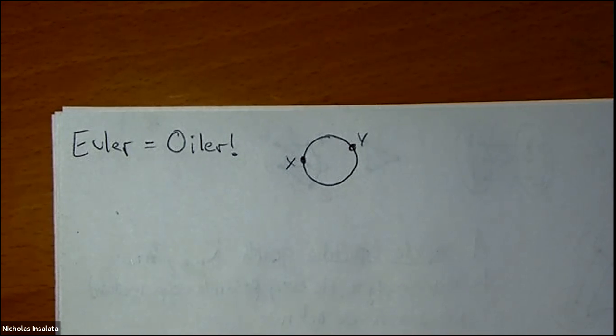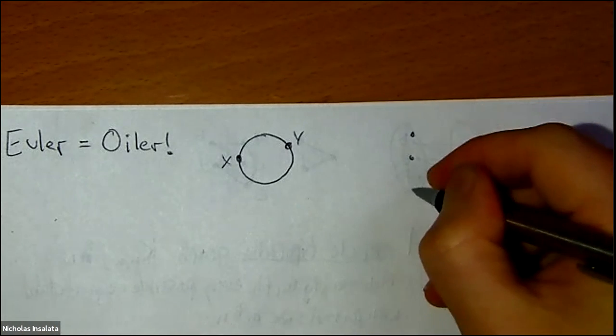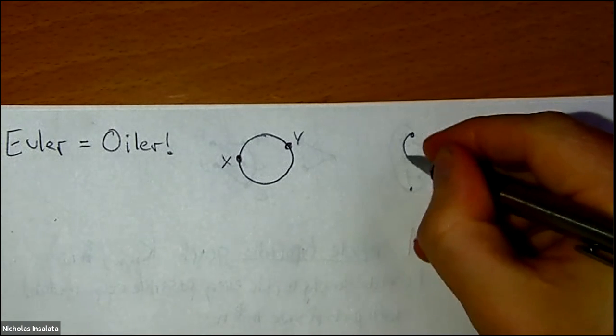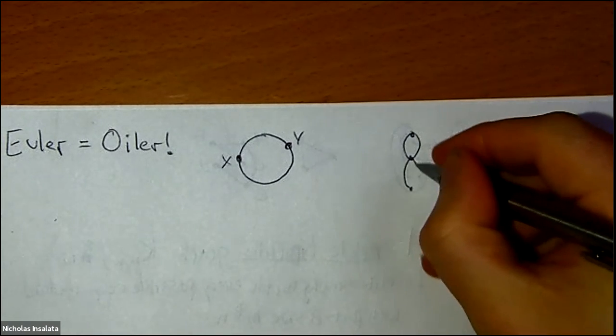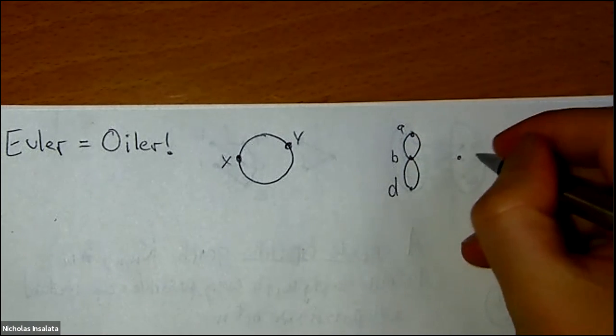Okay, cool. So let me redraw the graph here. We've got A, B, and D, and here's point C over here.